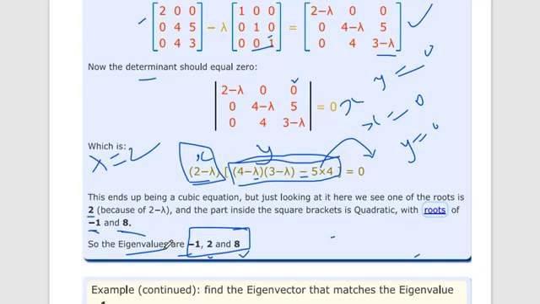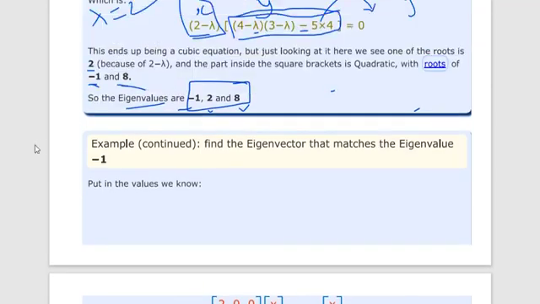Okay, so now we have to find the eigenvector for each eigenvalue. You have to find all the eigenvectors of these 3 different eigenvalues. Let's say we first calculate with the eigenvalue of -1 and find its eigenvector.